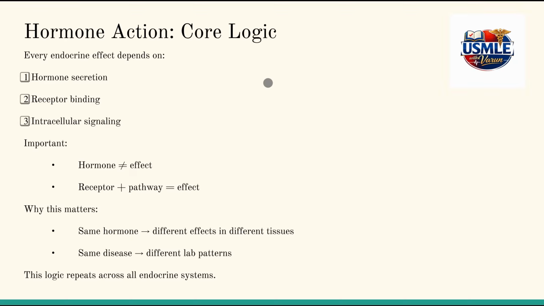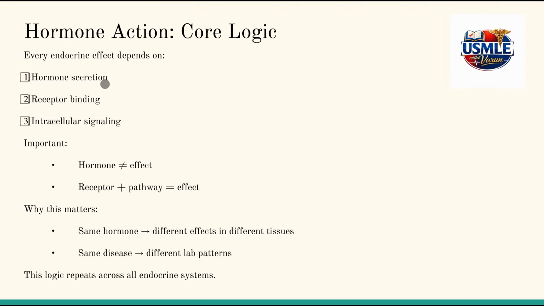Okay, so every hormonal effect in the body depends on the same three steps. First, the hormone is released into the bloodstream. Secondly, the hormone binds to its specific receptor. And thirdly, an intracellular signaling pathway produces a final effect.